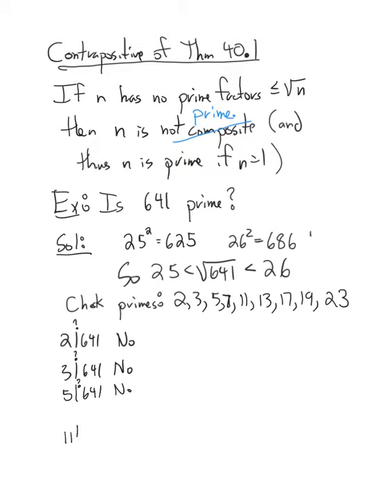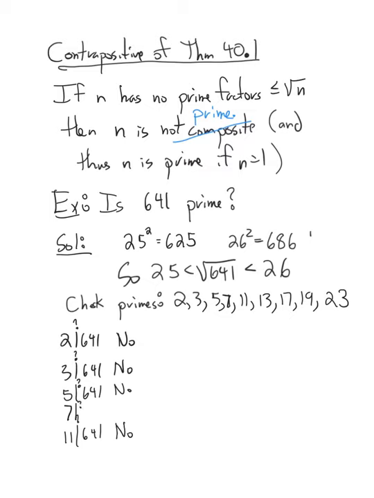Let's do 11. Is 11 a factor of 641? Well, you can check via long division, or if you know that if you take the alternating sum of the digits, and that sum is divisible by 11, then the number is divisible by 11. So 6 minus 4 is 2, plus 1 is 3. 3 is not divisible by 11, so fortunately not.